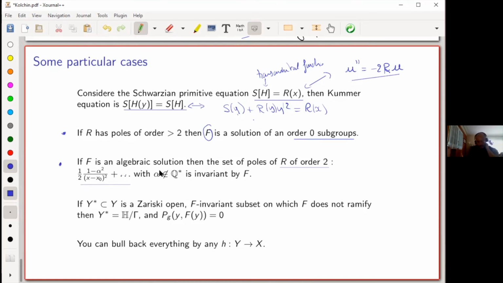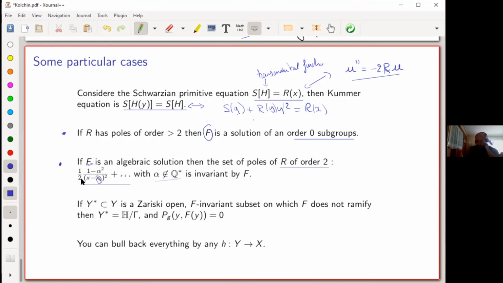And if you look at a point x0 where the number alpha that appears here is not rational, or is not a non-zero rational, then this set of points in your curve or in your line will be invariant by your F. The reason is that around these poles, the monodromy has infinite order because of this condition.